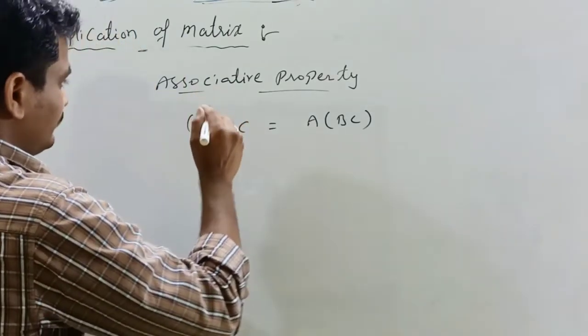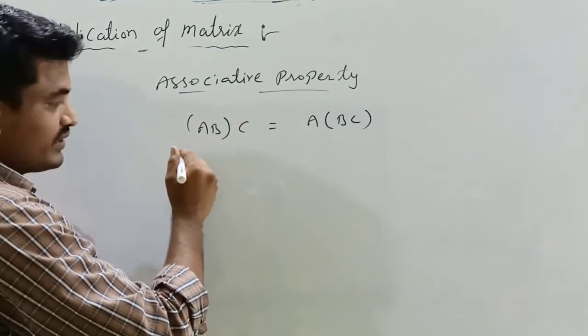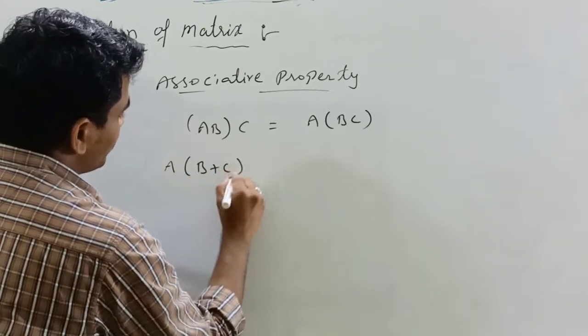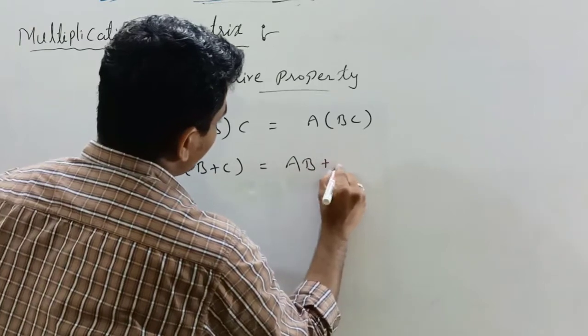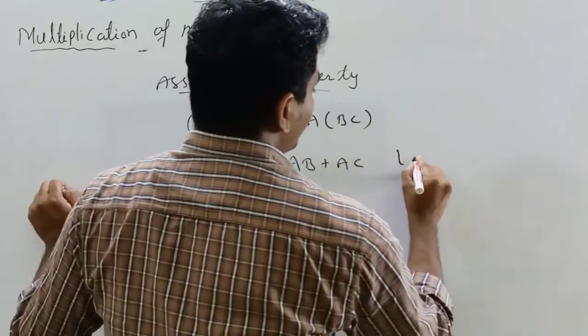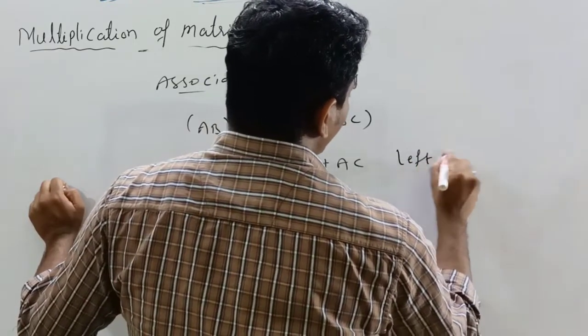And the next one, right side and left side distributive properties are there here. A(B + C) equals AB + AC. This is called left distributive law.